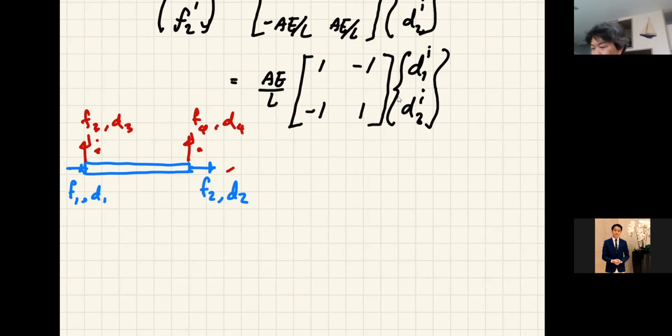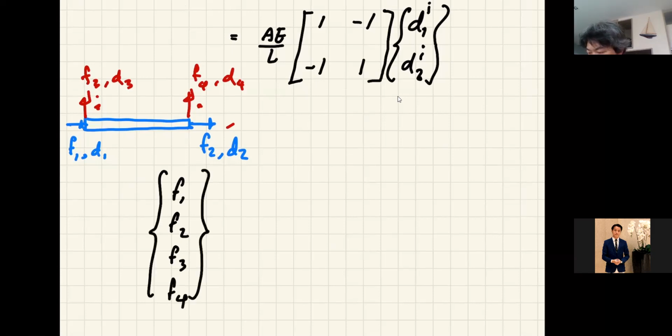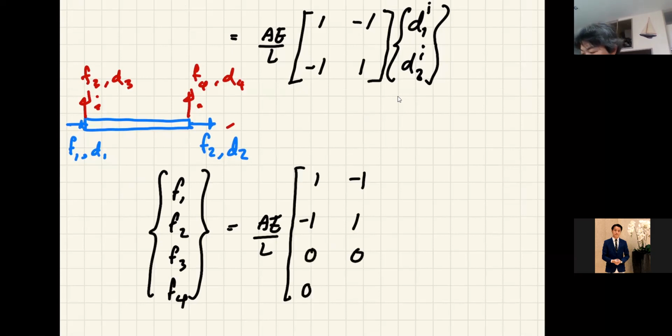Therefore, when I expand the matrix by adding the terms F3 and F4 to F1 and F2 that we already have, the response should be 0. So we can keep 1 for F1, minus 1 for F1, minus 1 for F2, and 1 for F2. The rest of the response should be 0.